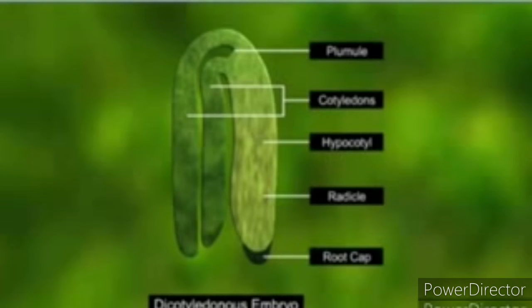The cylindrical portion below the level of cotyledons is the hypocotyl, which terminates at its lower end in the radicle or root tip. The root tip is covered with a root cap. Okay, a typical dicotyledonous embryo consists of two parts.